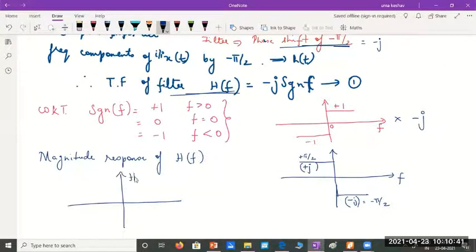I just want the magnitude of this function h of f. What would be the magnitude for this function? If I try to find the magnitude, you have to square it, right? This will be minus j signum of f whole square. So what is minus j square?